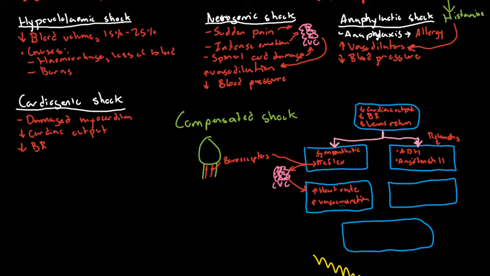And vasoconstriction is not only handled by the CVC, it may also actually be handled by hormones or chemicals circulating in the blood, but for our purposes, we're going to say that the CVC takes care of that. And the release of these two hormones or chemicals actually increases blood volume. So, as you can already tell, we're starting to negate these original bad effects from shock.